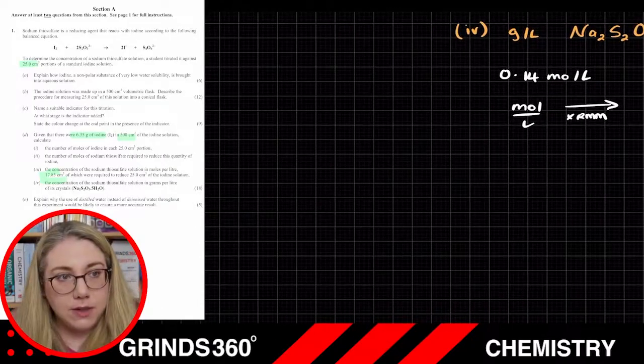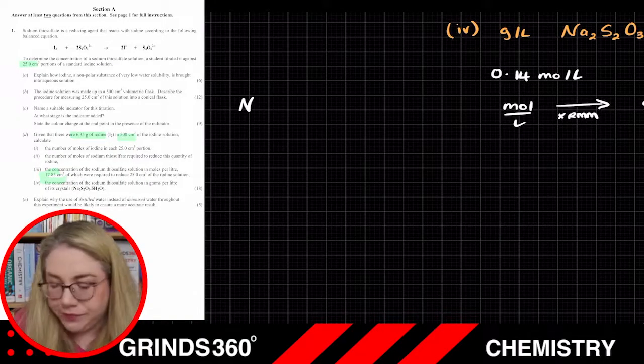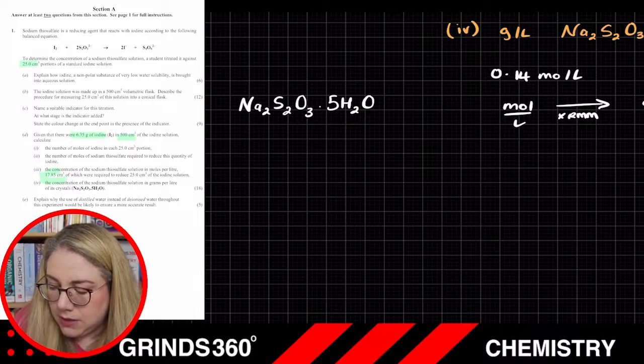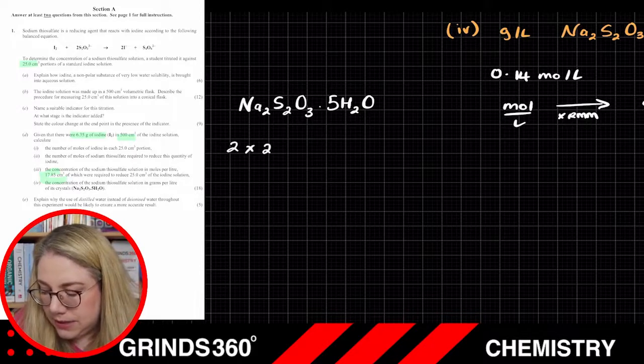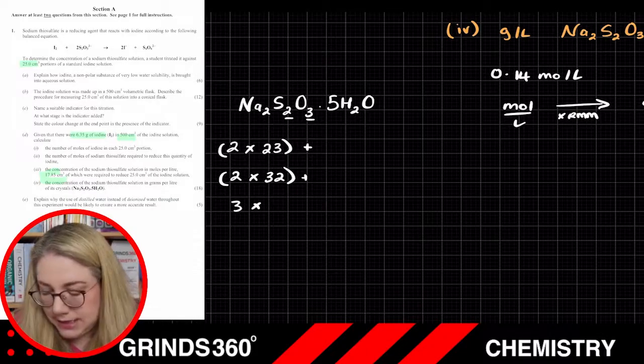So here, if I move that over to the side, we have Na2S2O3.5H2O. 2 sodiums will be 2 multiplied by 23. I've 2 sulfurs plus 2 times 32. 3 oxygens, 3 times 16.